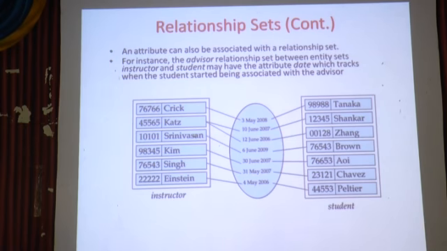For example, one common attribute is date, which student joined the course with the corresponding instructor. So this date tracks when the student started the course associated with that advisor. This is the common attribute that is making a relationship between student and instructor.